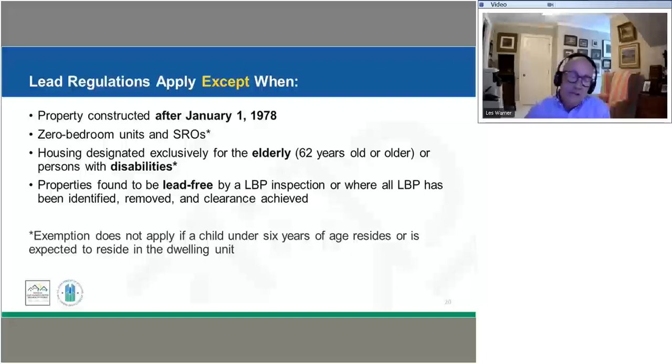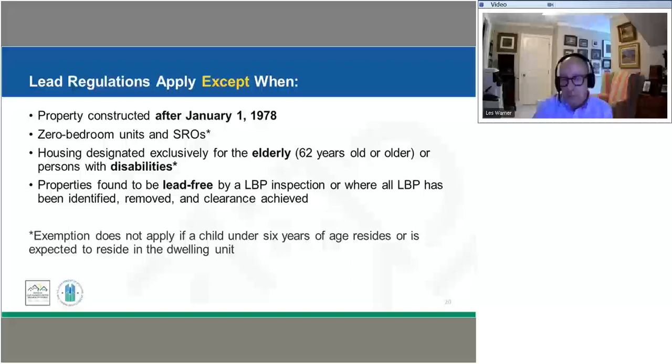It is the responsibility of the owner of that property. And keep in mind, this is a tenant-based rental assistance program. So if we had an owner that was not cooperative, you would essentially assist that client to find another unit, and that rental assistance would transfer to another unit. So it is the owner's responsibility.